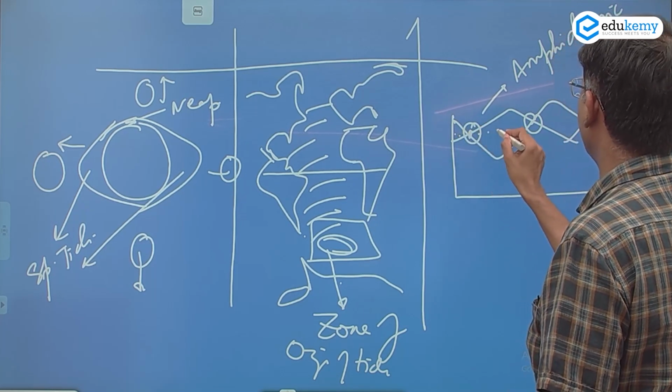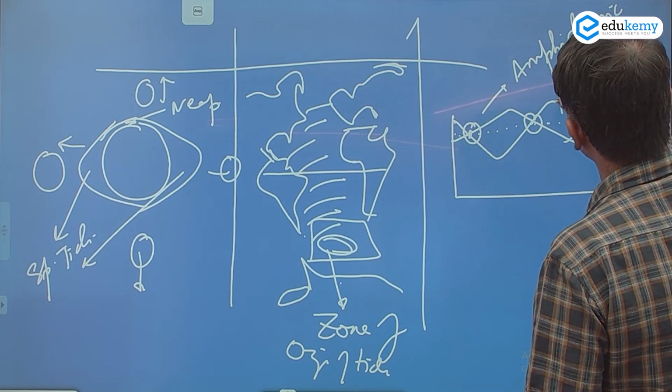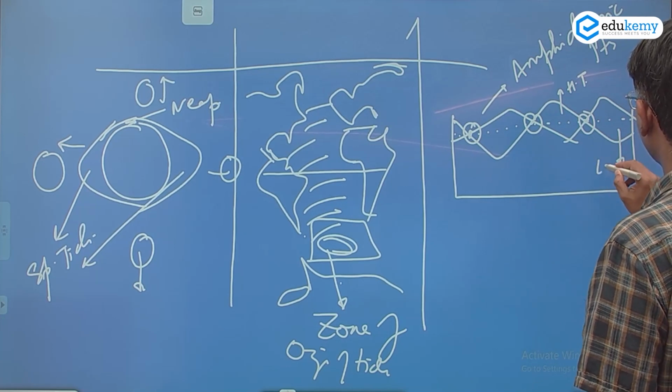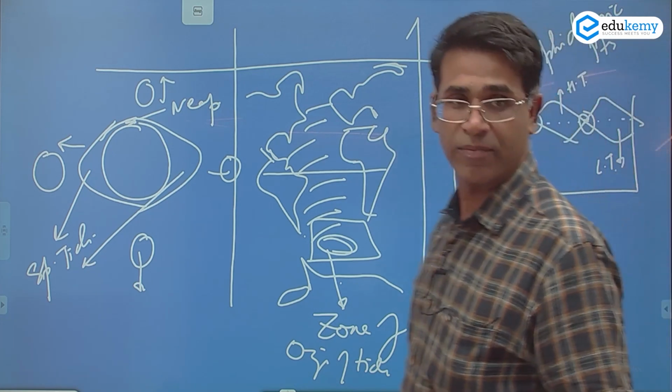This is the mean sea level. On this side is the high tide, and coming down is the low tide. Water is rising and water is falling because of oscillations. Okay, remember these three diagrams, draw them, and you are done.